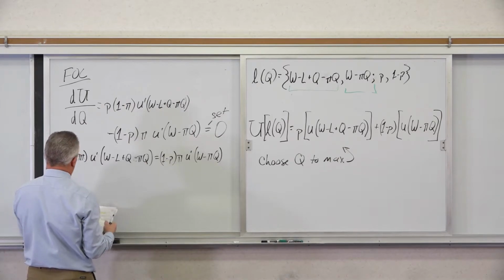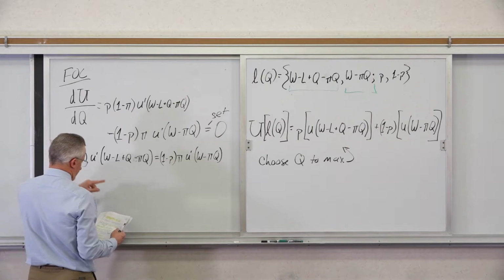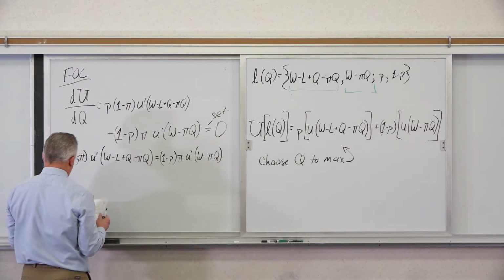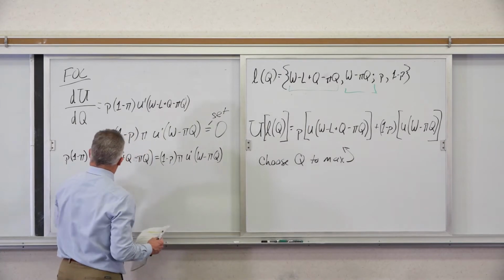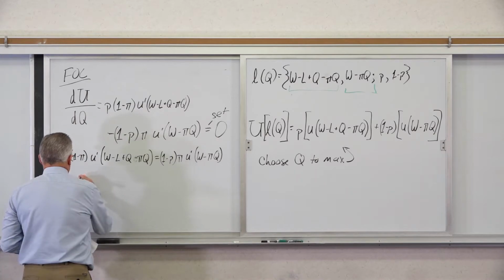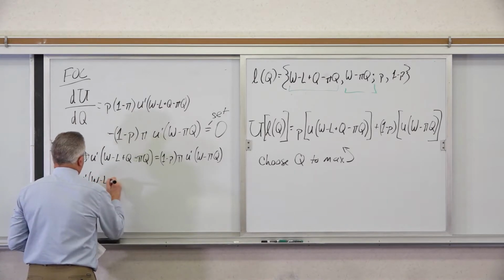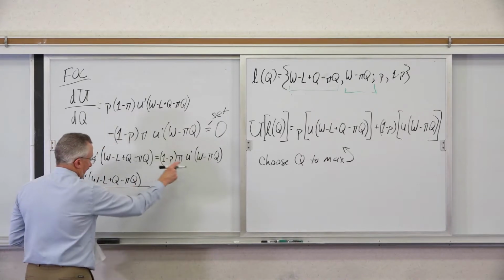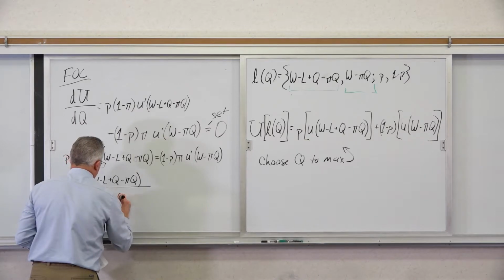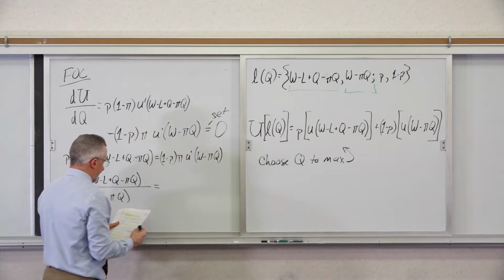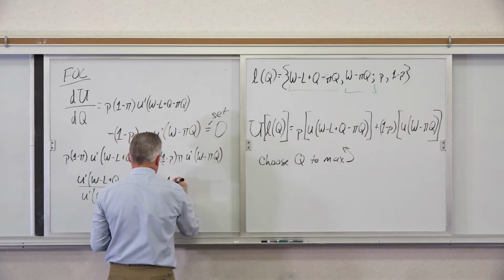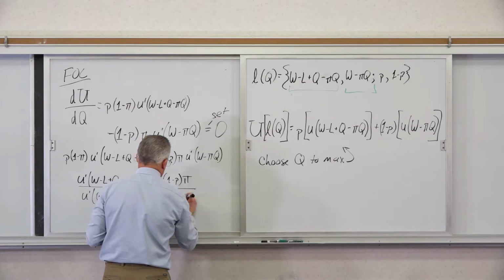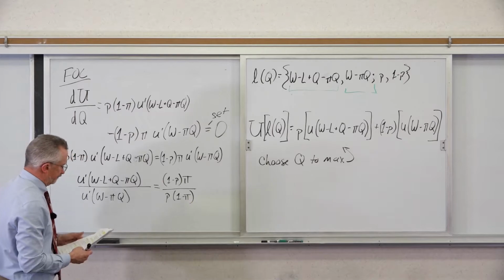Gathering our terms so that we get the pi's and the P's on one side, and the marginal utility expressions on the other side, we simply divide both sides and we get U prime of W minus L plus Q minus pi Q over U prime of W minus pi Q is equal to 1 minus P times pi, all over P times 1 minus pi. Great. So what do we have here?